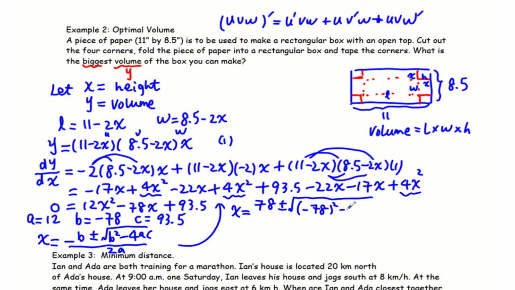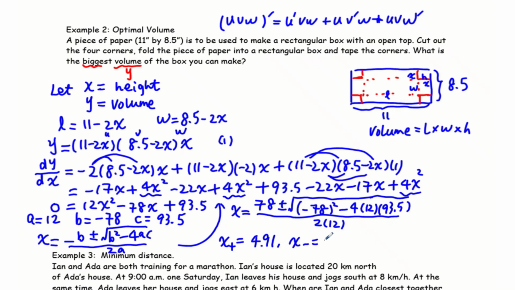Then minus 4 times 4ac all over 2 times a. So use your calculator, we could find out x plus is 4.91. X minus sign give you 1.59.